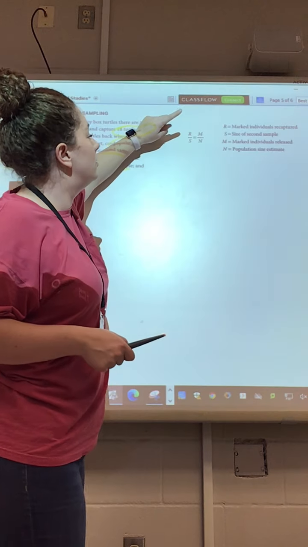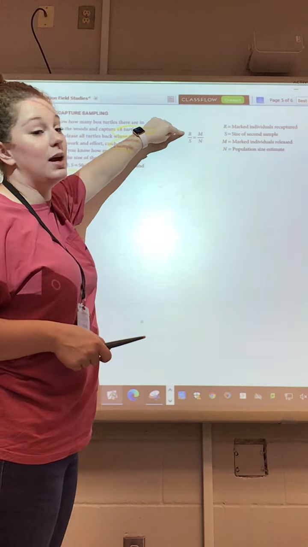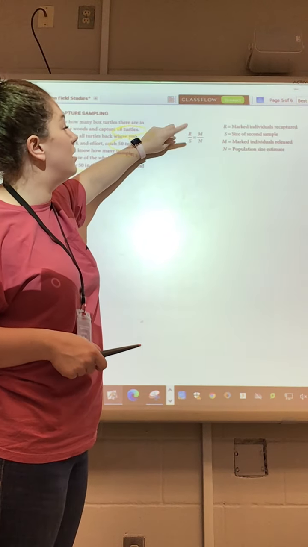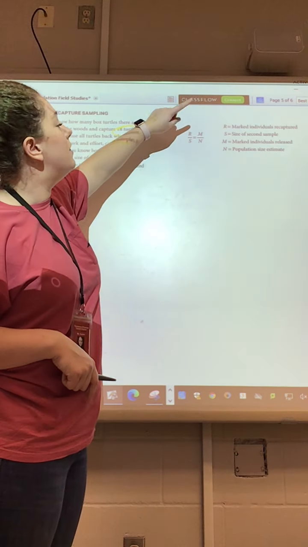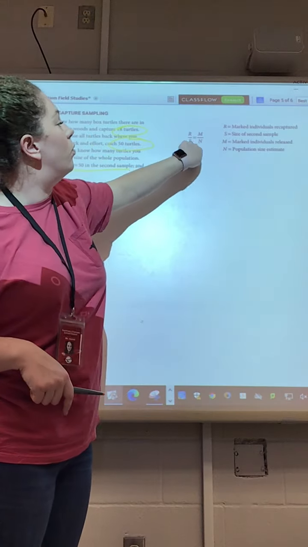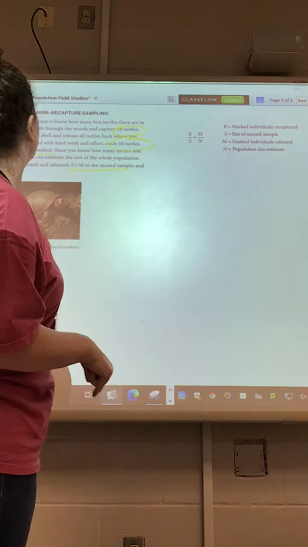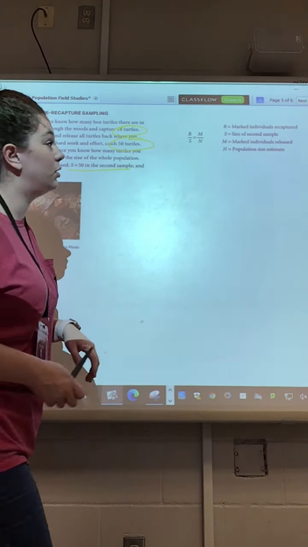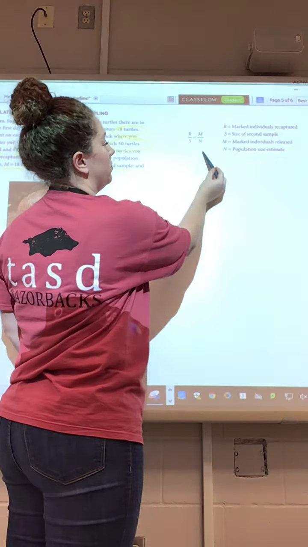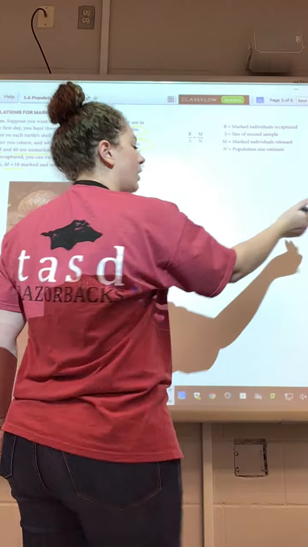So if this many already have paint out of the ones that I caught the second time, then how many will there be in the total population? So we're going to be solving for N this time. The quadrant you were sampling for the one up here, now we're sampling for the one on the bottom.